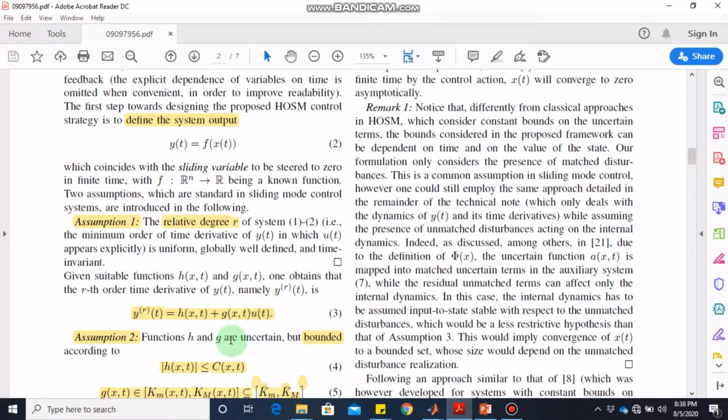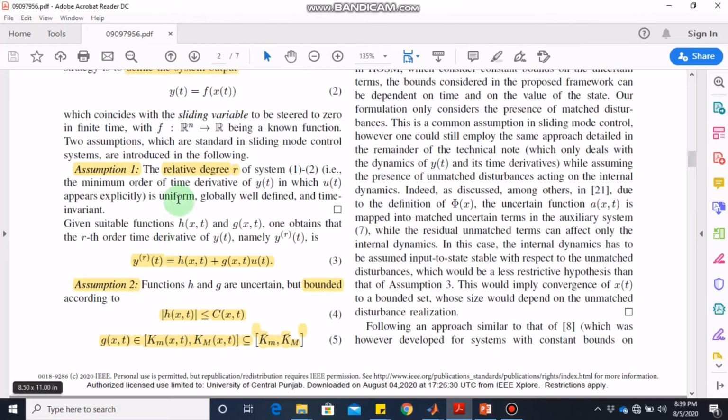So if you take the r-th derivative of the output, it should look something like this: a function of state and time, h of x comma t, plus some function g, which is also a function of state and time, times the input u. This is the first assumption, that the relative degree of the system should be r.